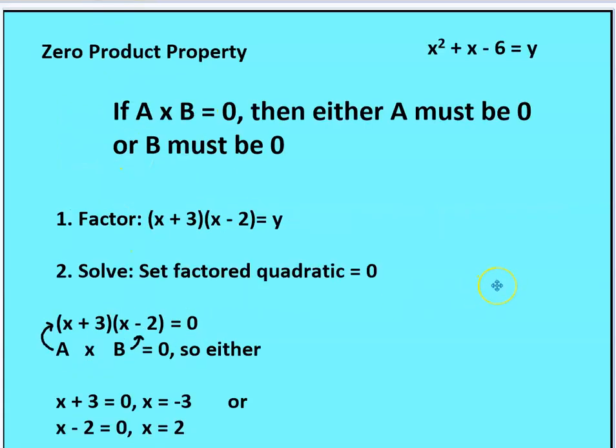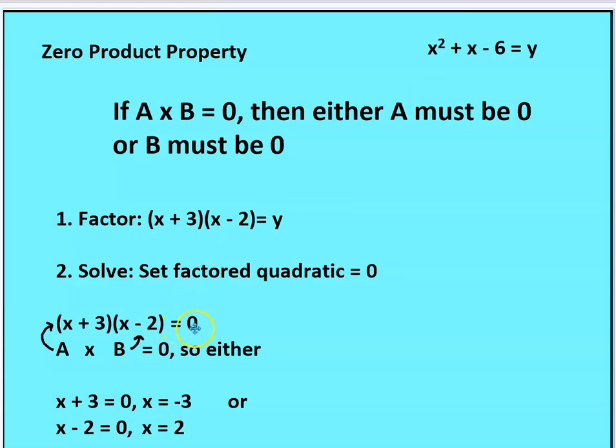Zero product property, something you learned in algebra, says if a times b is equal to 0, then either a must be 0 or b must be 0. In the process of factoring, we had this quadratic, y is equal to x squared plus x minus 6. We factor it, and then to solve, we set the factored quadratic equal to 0.